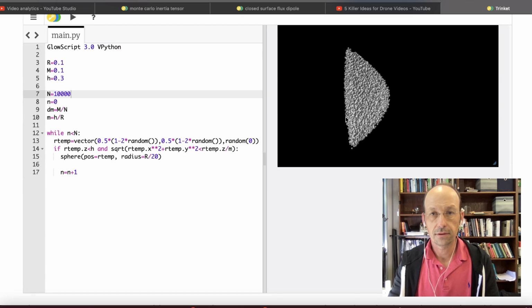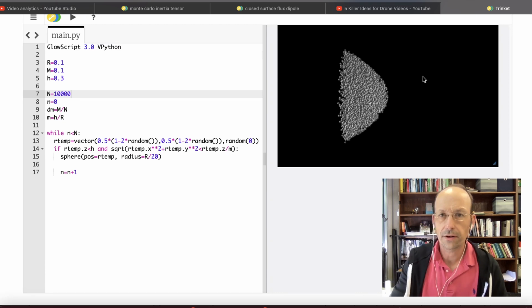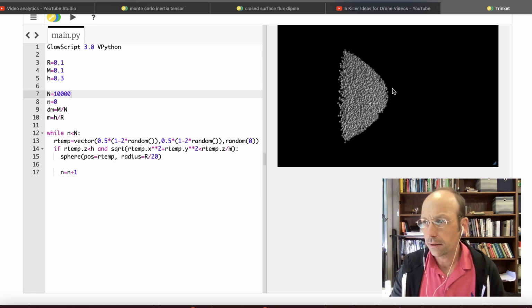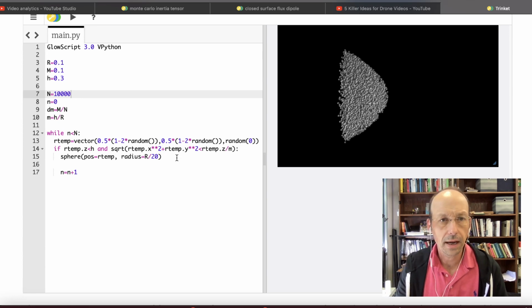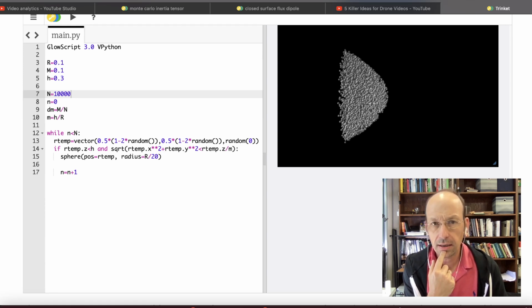That looks cool. Why is it all curved down there? I think I made a mistake. Because I don't have a point. Let's see, the square root of rx squared plus ry squared is less than or equal to rtemp divided by m, if rtemp.z is less than h, and, see, there's no point. What happened to the point?